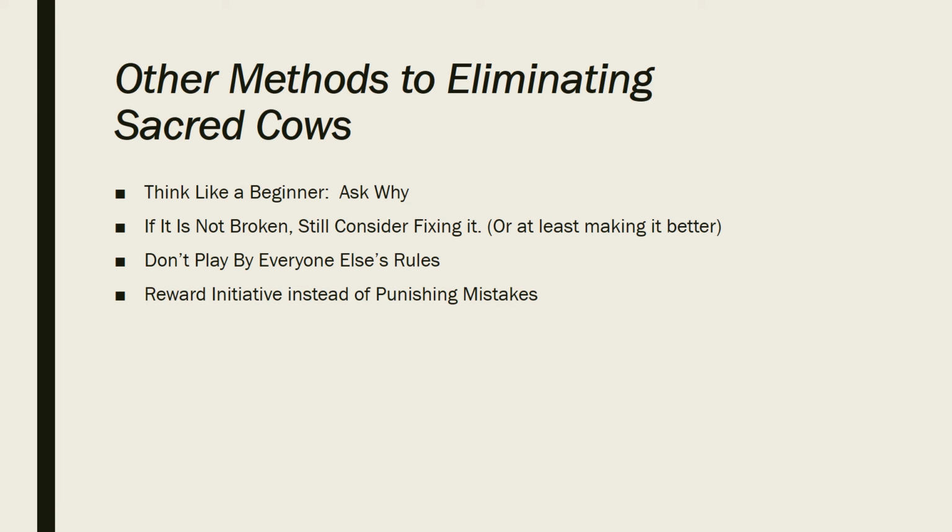And then finally, this is a big one. Some companies basically make it clear they're not happy with the mistakes that are made. But if you get punished, in essence, or chastised because you tried something and it failed, then there's no initiative or desire to do something again. Instead of punishing mistakes, I really do suggest you reward initiative, okay?